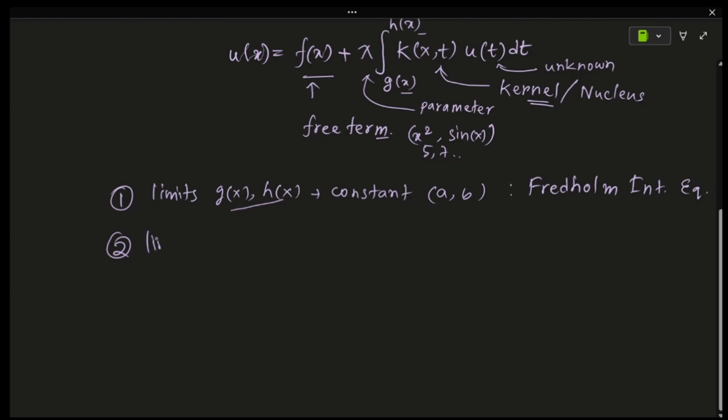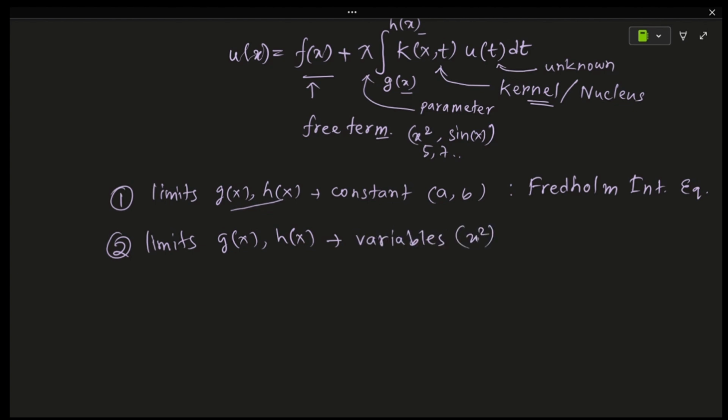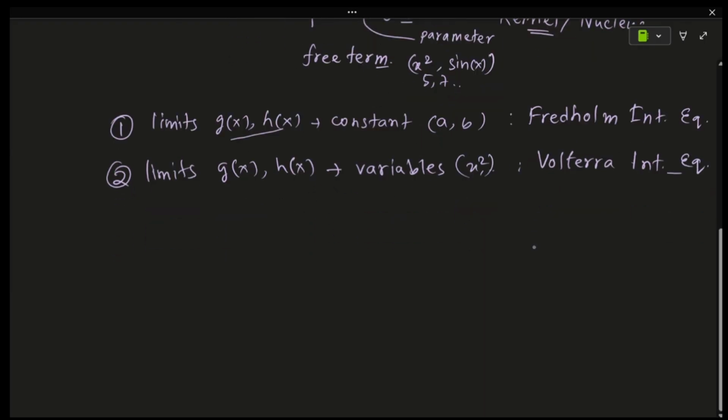If the limits g of x, h of x are variables, like a function of x, such as x squared or something, then it's called a Volterra integral equation. They're just names of integral equations. We don't need to be so curious about what Fredholm or Volterra is.